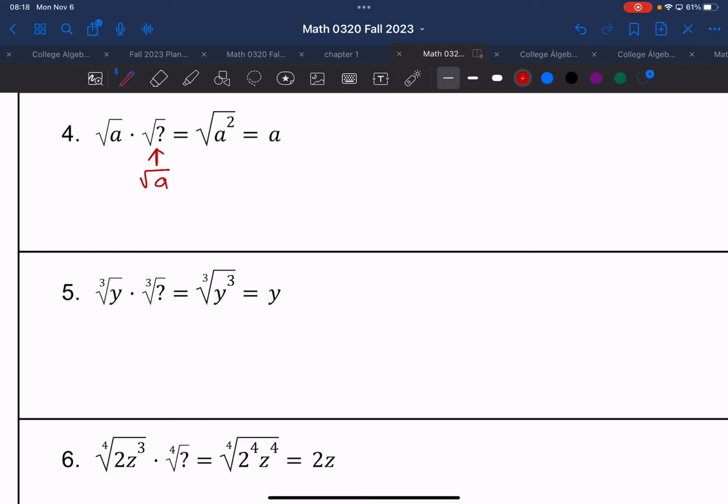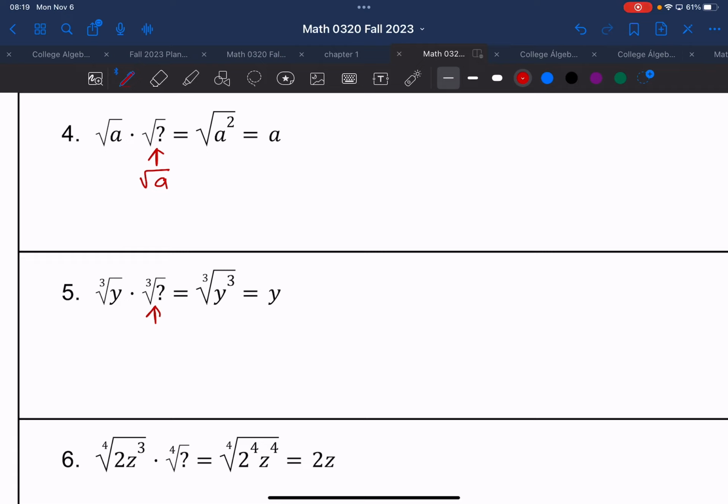For number 5, we have the cube root of y times the cube root of something is equal to the cube root of y cubed. What would have to be right here in order to have that y cubed as our answer?